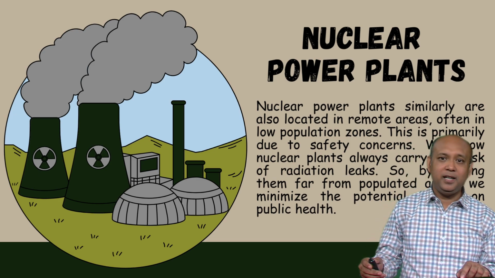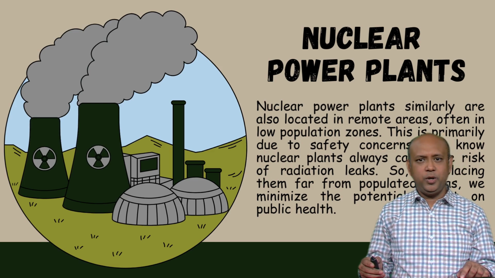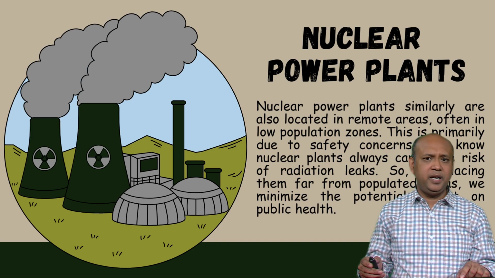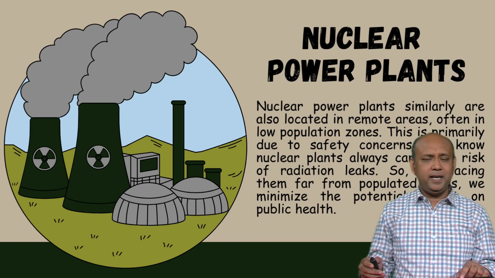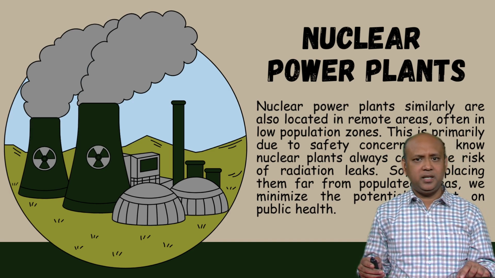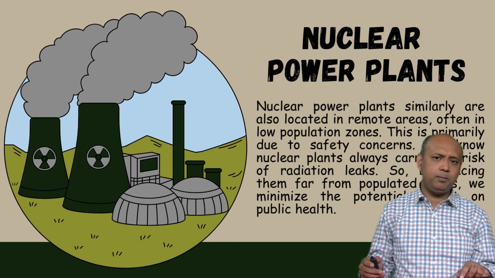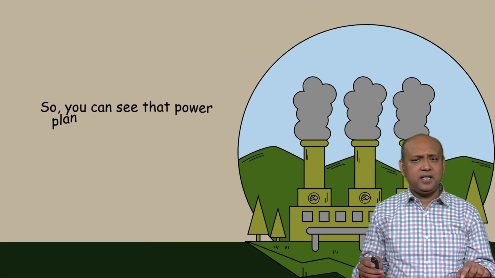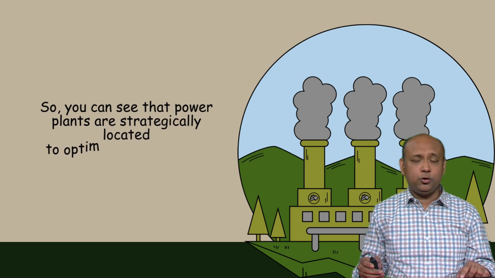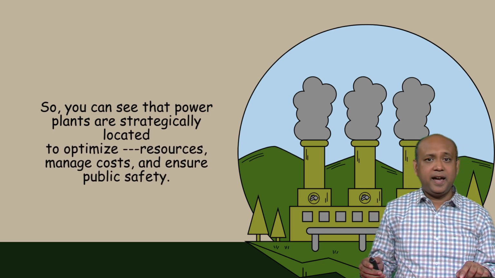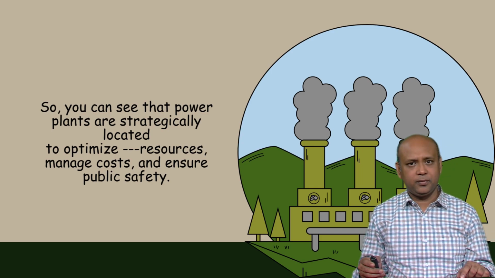This is primarily due to safety concerns. We know nuclear plants always carry the risk of radiation leaks. So by placing them far from populated areas, we minimize the potential impact on public health. So you can see the power plants are strategically located to optimize resources, manage costs, and ensure public safety.